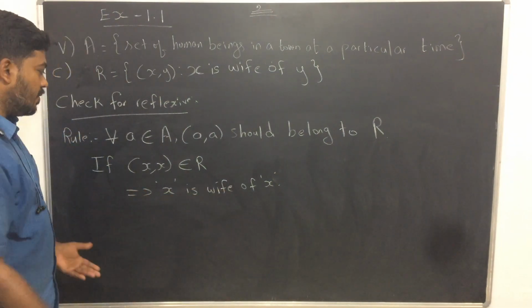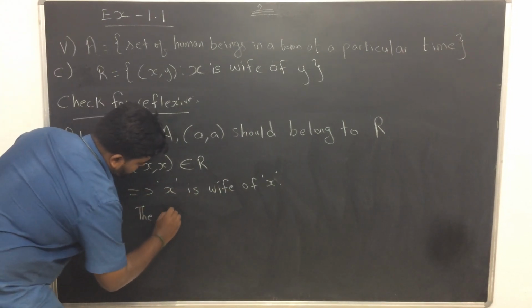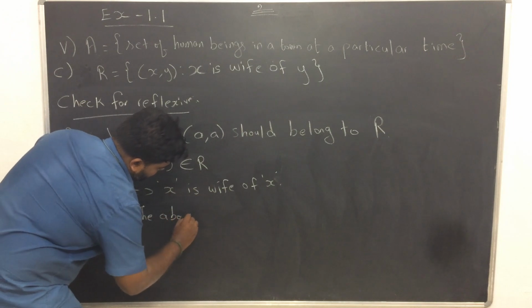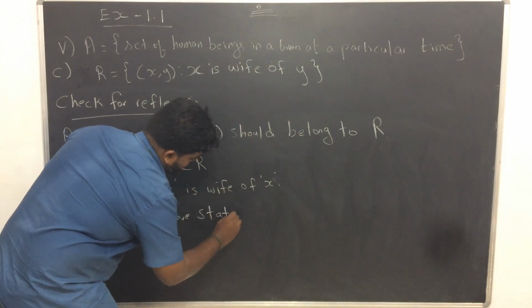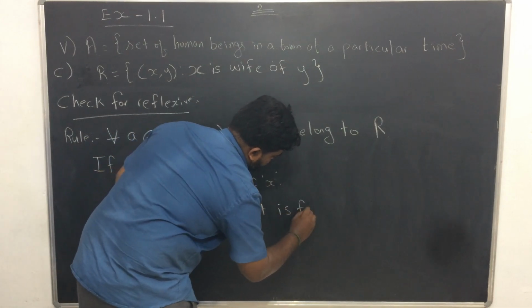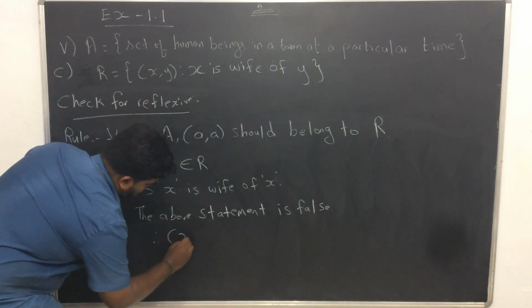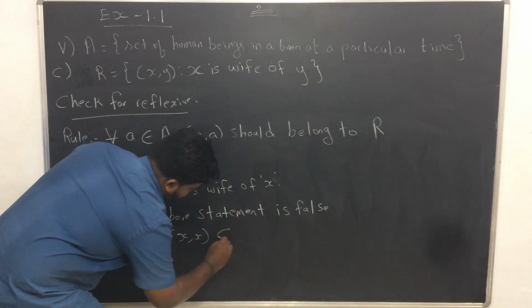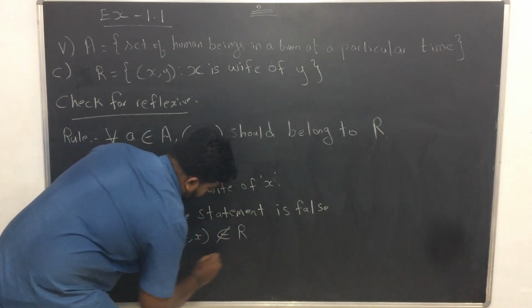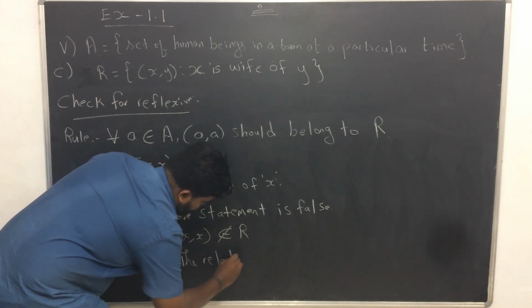No. Logically speaking, no. There is no chance, right? So, the above statement is false. Therefore, x comma x will not belong to the relation. Therefore, the relation is not reflexive.